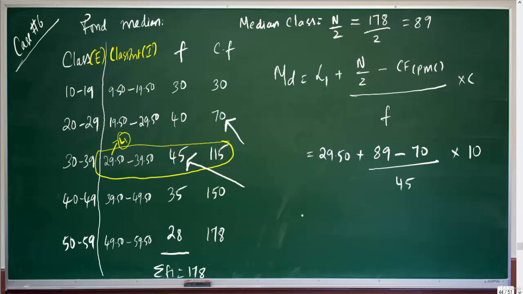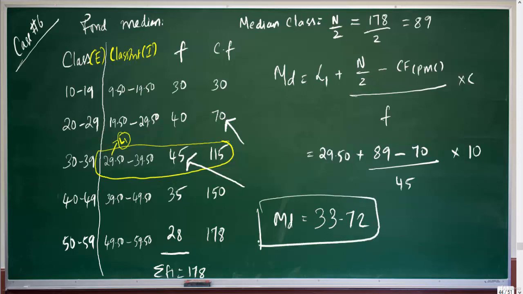So now we can calculate. If you do all the mathematical calculations, you will end up getting 33.72. So this is the median when you have continuous frequency distribution but exclusive type class intervals.